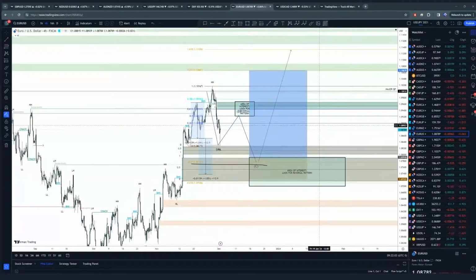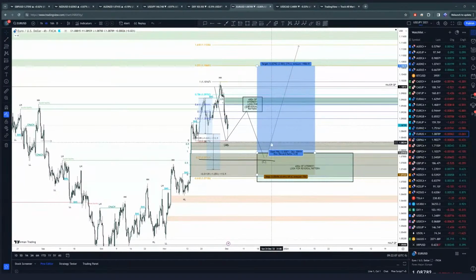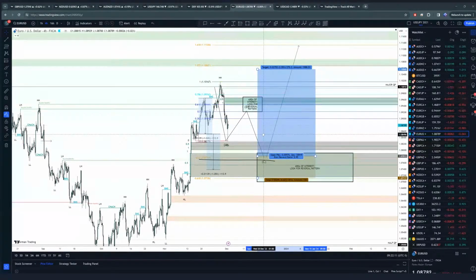Okay, so this one we're probably gonna have to rock with a 69 pip stop loss. Let me see, 75. Maybe not. I might can drop it a little bit.